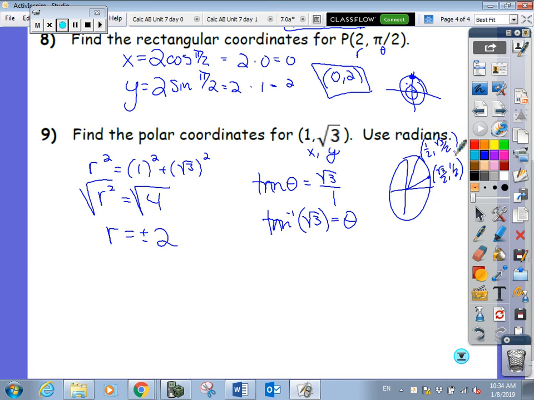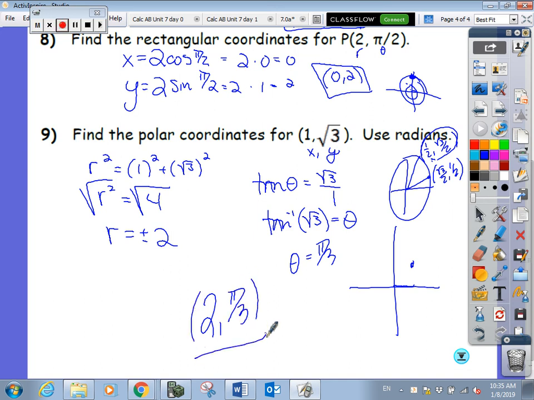So which one of those gives us a root 3? This one right here. So theta equals pi over 3. So our point, root 3 is in quadrant 1. So if we go out 2 places and up to pi over 3, we can just use the point 2, pi over 3 would be our answer.